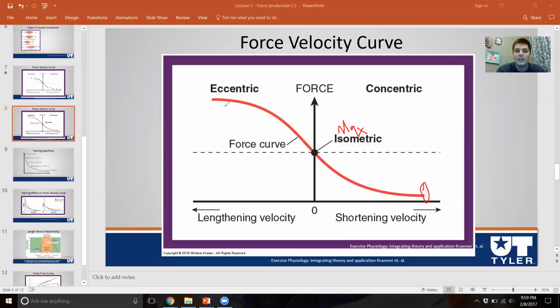then undergoing an eccentric contraction, which allows us to generate significantly more force for a couple primary reasons, mainly because of the elastic properties of muscle.